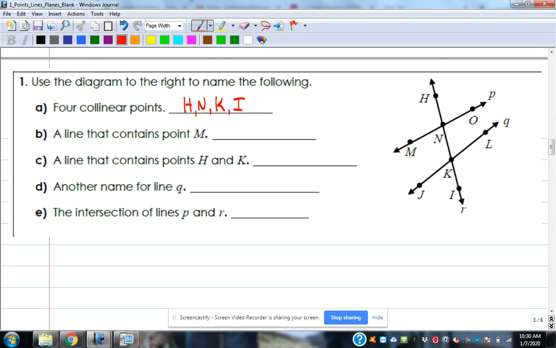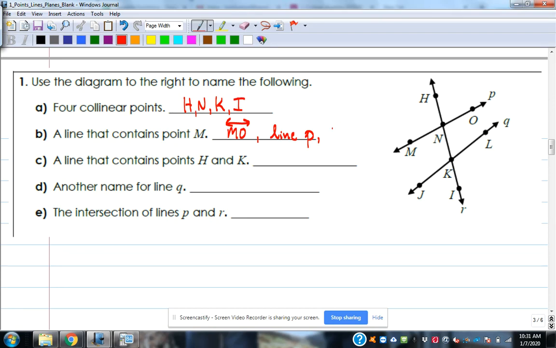Part B says a line that contains point M. How would I do that? What's the notation that I use? That works. That's one way to name that line. What would be another way to name that line? Line P. And what was the other way?